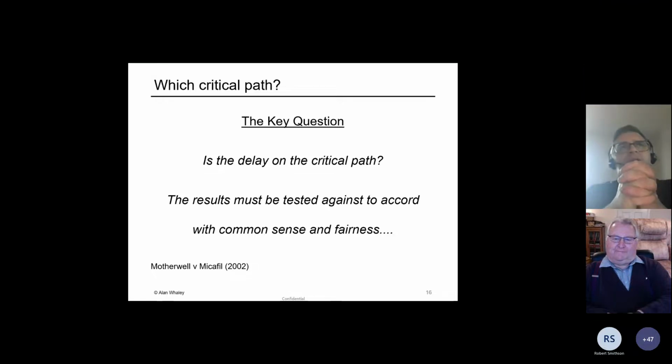So it's crucially important as a matter of causation that we do a critical path analysis, that we don't just merely look at individual events in isolation of other events, that we actually look at the entire project and the progress of the work and place the events in the context of that, so we can form a judgment about whether in fact something was on the critical path.